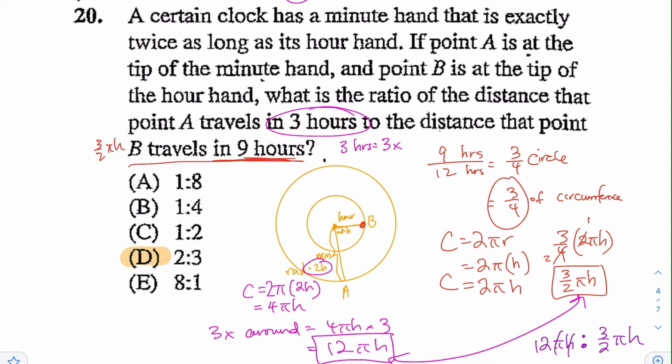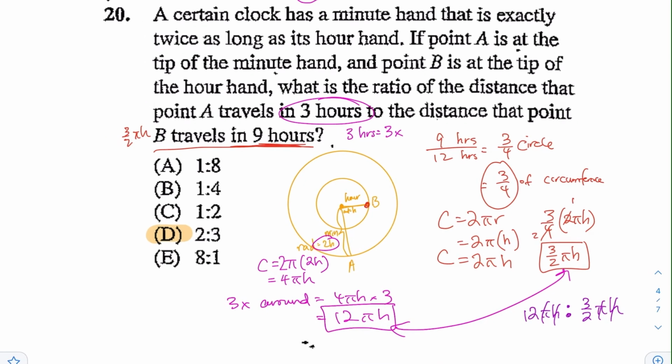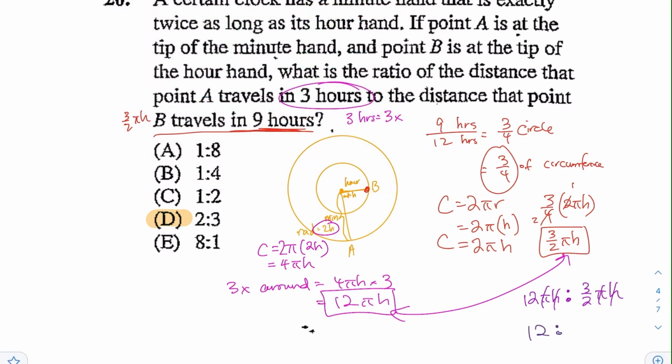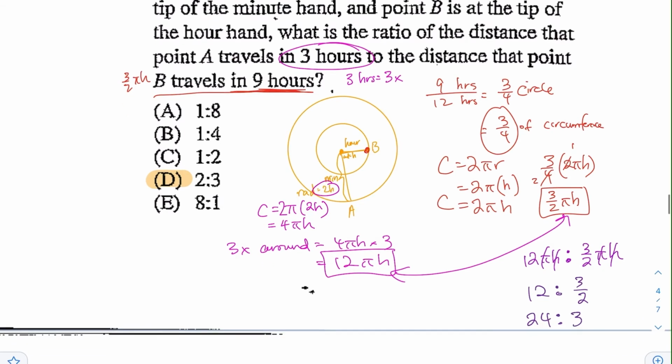And here pi h cancels out. So the ratio is 12 to 3/2. And if you multiply both sides by 2, you get 24 to 3, or 8 to 1. So again, this is the answer key, it's choice E.